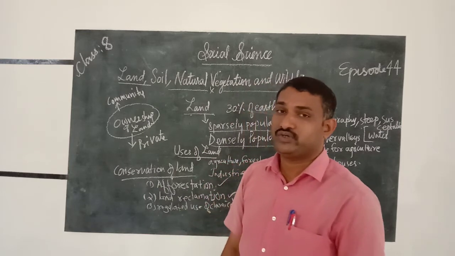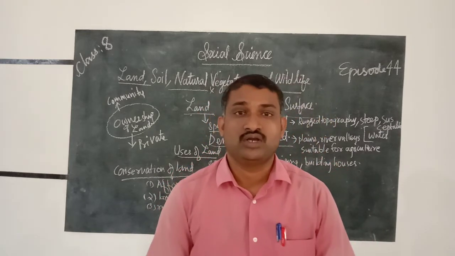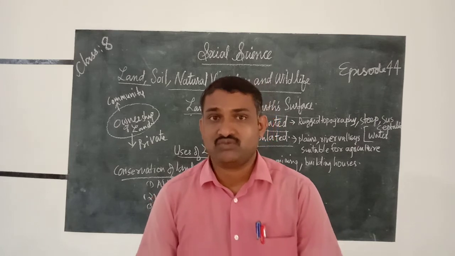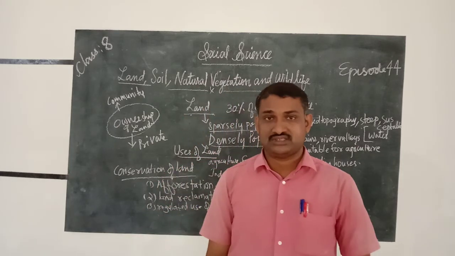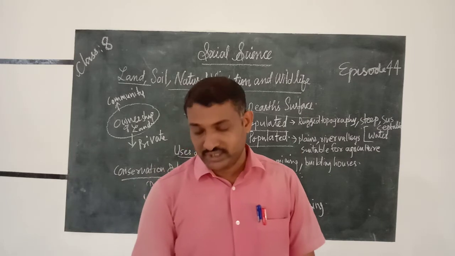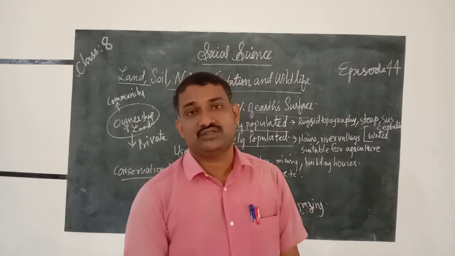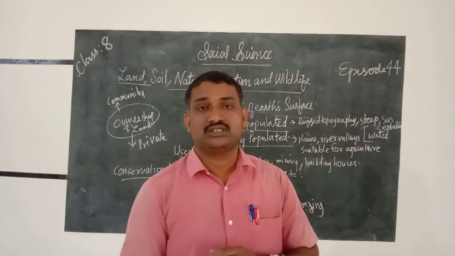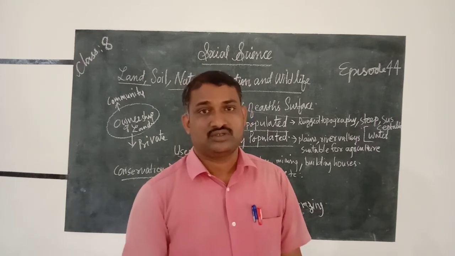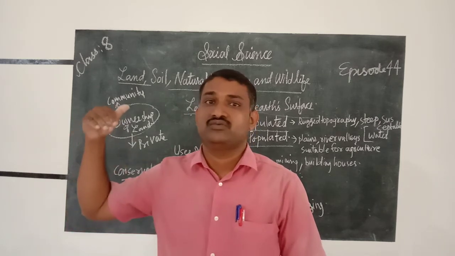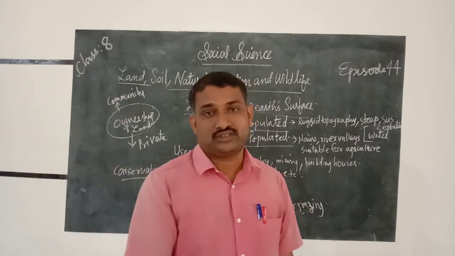The last point we discussed is the problems of water availability. Nowadays we are facing a very important problem, the scarcity of water. We are not getting adequate quantities of water. So it is our duty to limit the use of water. We must use it only for our needs. If we use it out of greed, the future generation will not get water.